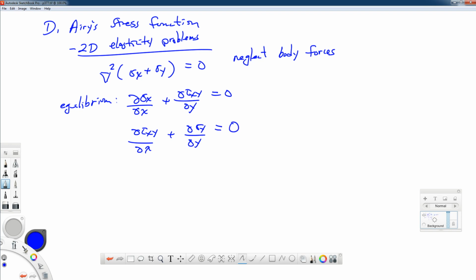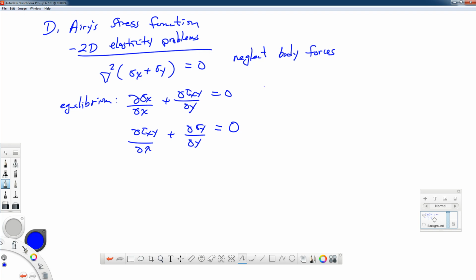Now, there's something kind of interesting when we look at these equations. In a way, they're kind of connected. Right? So here we have the partial derivative of tau xy with respect to y in one equation, and the partial derivative of tau xy with respect to x in another equation. But even beyond that, there's a very obvious connection between sigma x and tau xy.